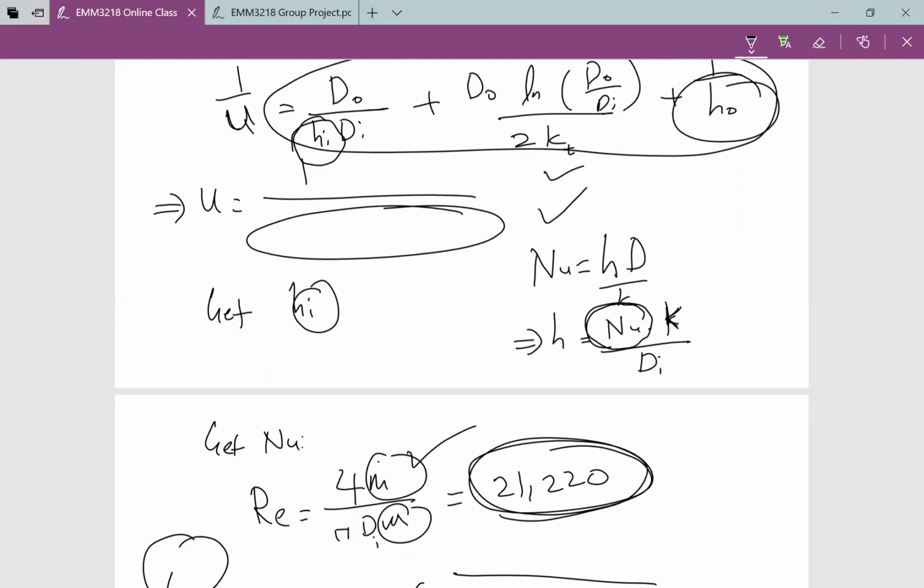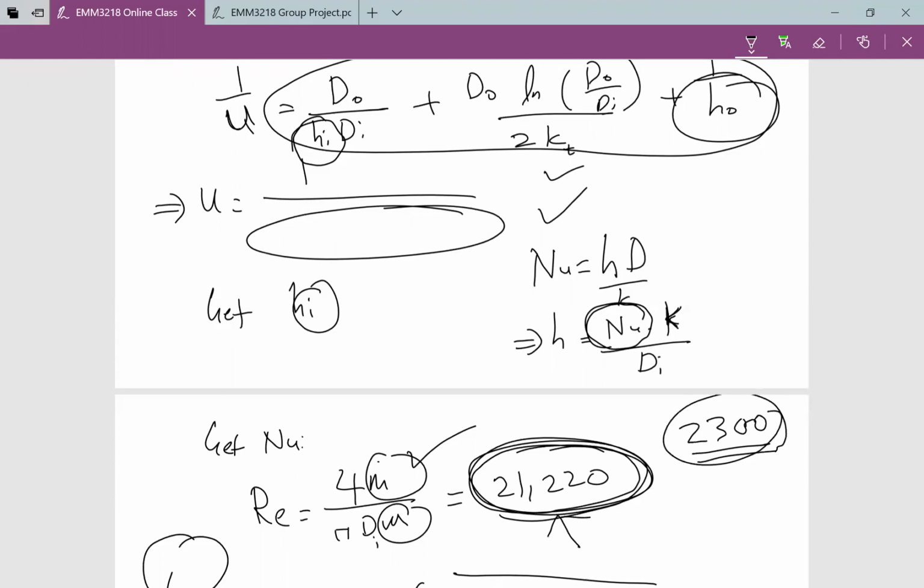Do you remember what the critical Reynolds number is that divides laminar and turbulent for internal flow? 2,300. Very good, you remember the critical number. Now this number is a lot greater than that, about one order of magnitude higher, so definitely the flow is turbulent.